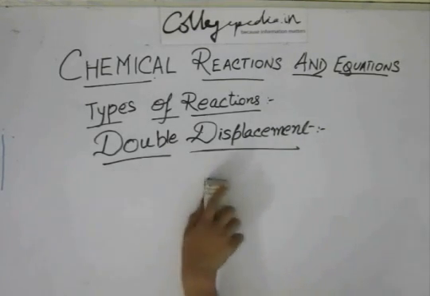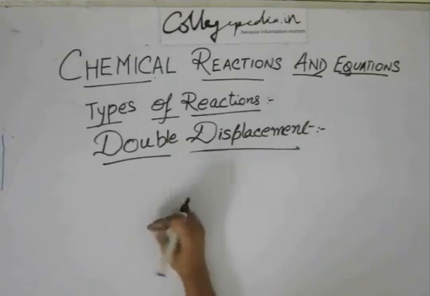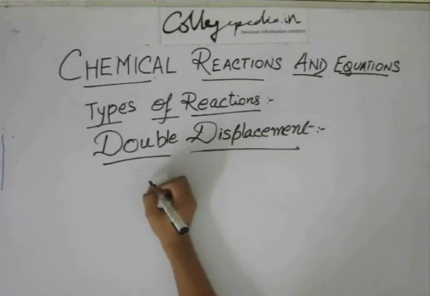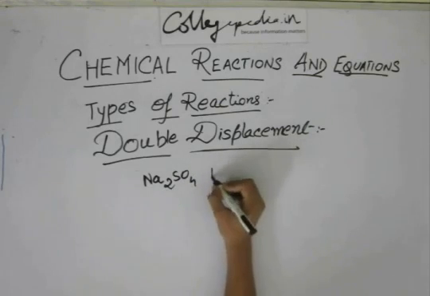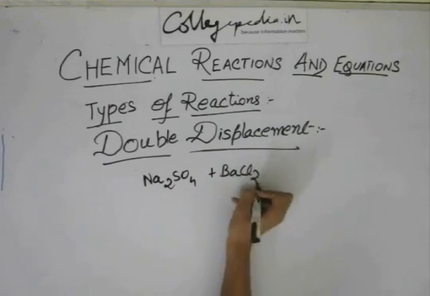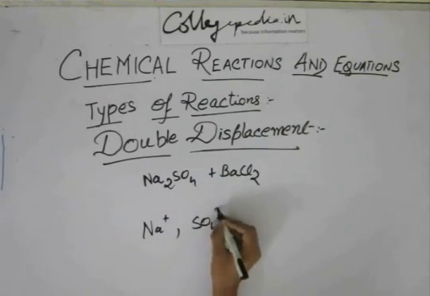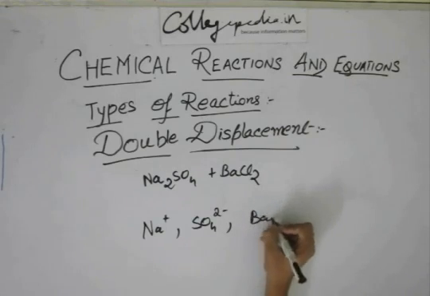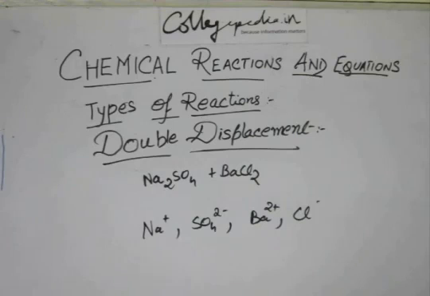Now in double displacement, what actually happens is that both the salts are in aqueous form. So they are actually in their ionic form. So when you have Na2SO4 plus BaCl2, you actually have Na plus, SO4 2 minus, Ba2 plus, and Cl minus. Just have these ions.